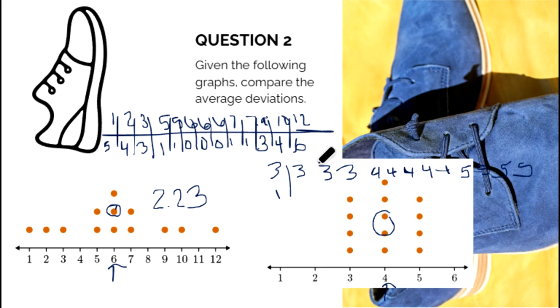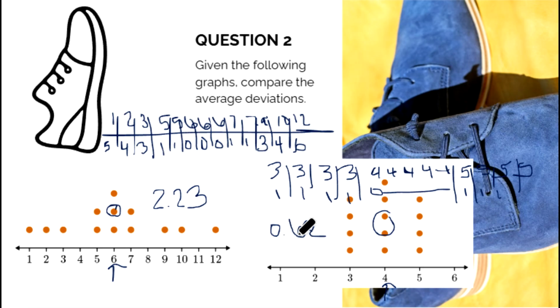The 3s are 1 away, the 4s are 0 all the way across, and the 5s are 1 away. So 1, 2, 3, 4, 5, 6, 7, 8. The deviation is 8 divided by 13, which gives us 0.62 if we round it.